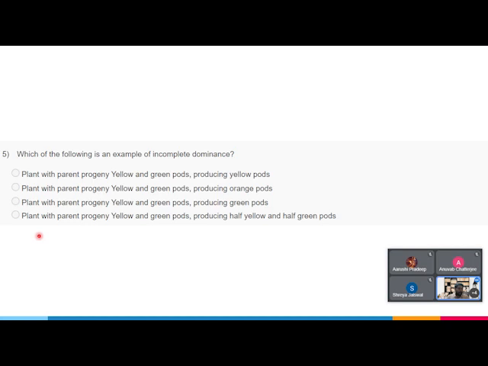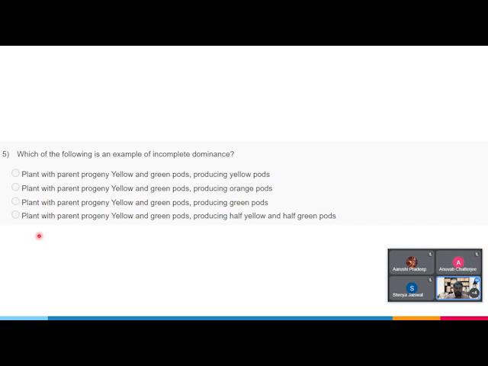Any other answer? Nidhi says that the answer should be D, plant with parent progeny yellow and green producing half yellow and half green pods.